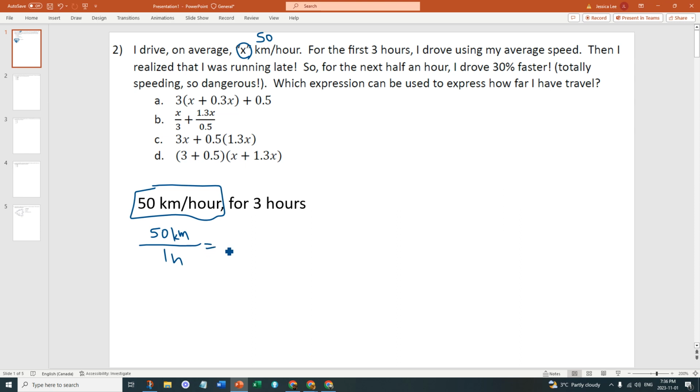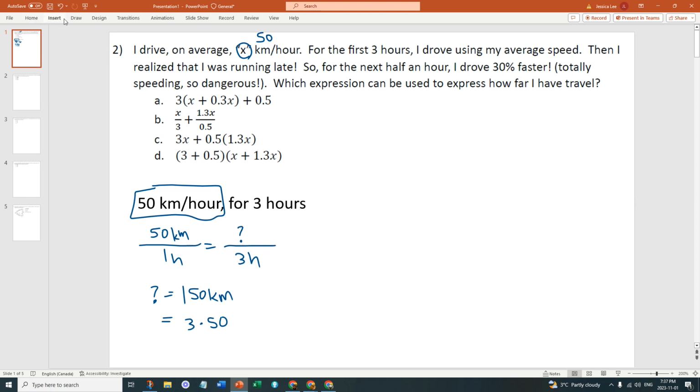So I want to know how many kilometers I have driven in 3 hours. It will be 50 times 3 divided by 1, so I have driven 150 kilometers. Or, as you can see, it is 3 hours times 50, which was my original x value.